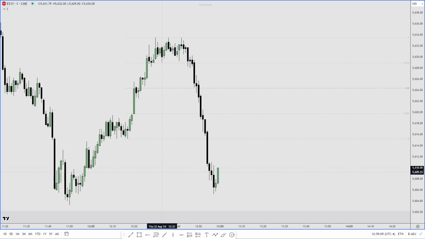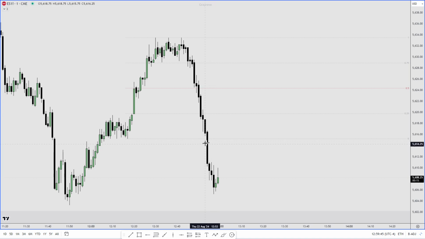Okay, let's see what it wants to do here. Personally, I don't think it should trade above this consolidation if it wants to attack these lows down here.